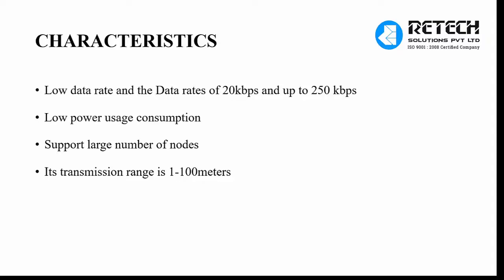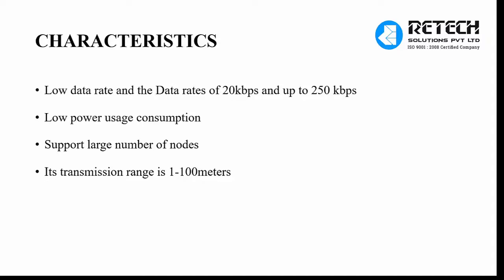And characteristics: every device has specific characteristics and specifications. Because of those specifications, we can differentiate between devices and select the device with the characteristics we want. So the characteristics of the Zigbee are a low data rate, with data rates of 20 kbps up to 250 kbps.